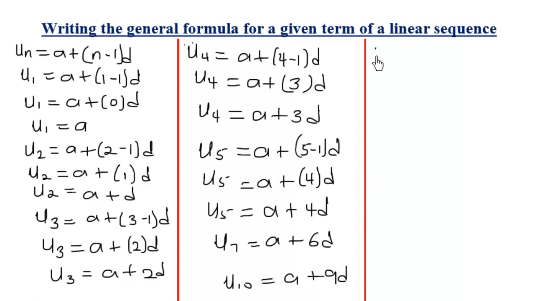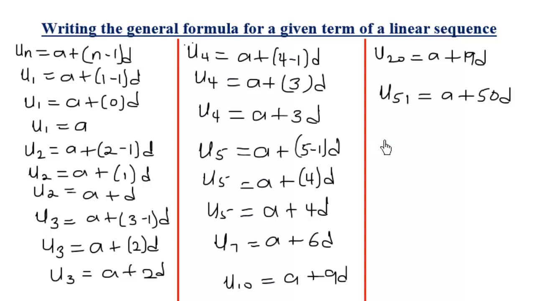Now can we talk of the 20th term? A. Now 20 minus 1 gives us 19, and multiply by d. So the general formula for the 20th term is a plus 19d. Can we talk about maybe the 51st term? So a plus, 51 minus 1 is what? 50. So 50 times d.